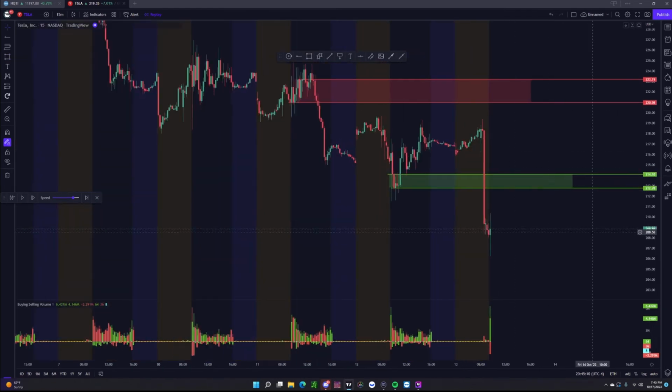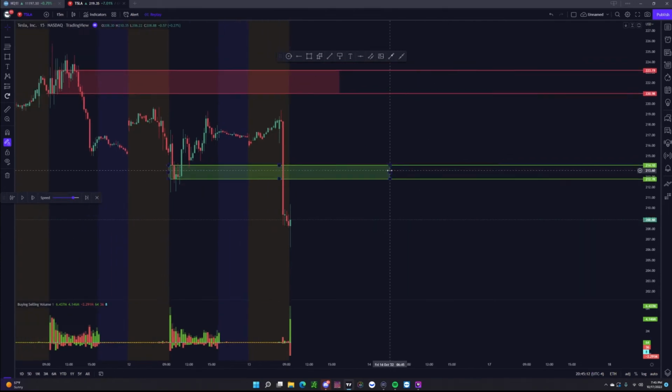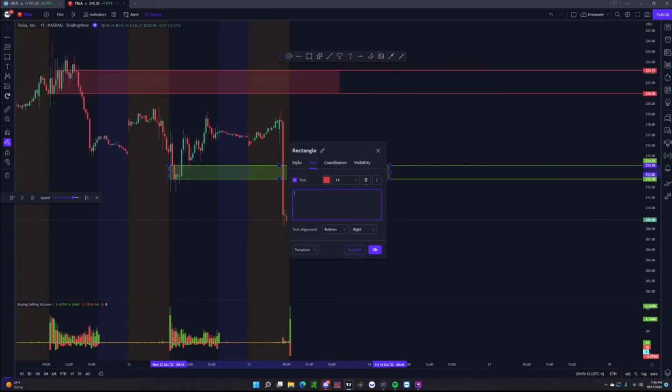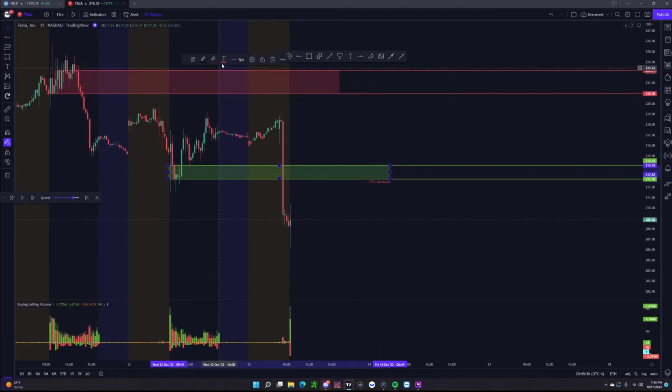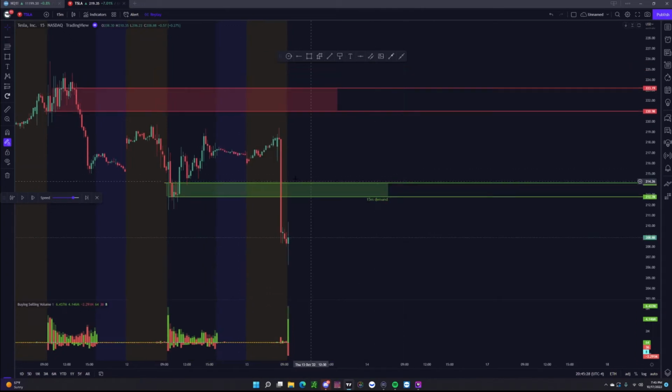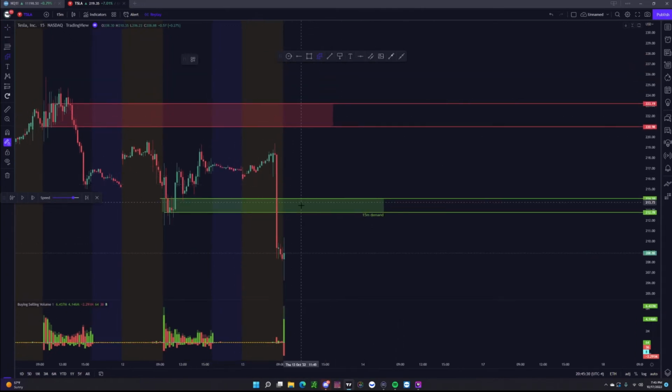And you can label these as well. I'm going a little fast here, but look, we can label these. We're supposed to be labeling these. So this could be our 15 minutes, or we can just say 15-minute demand, and we can label it, right? Make it green, because this is where you're looking for the buyers to be at.